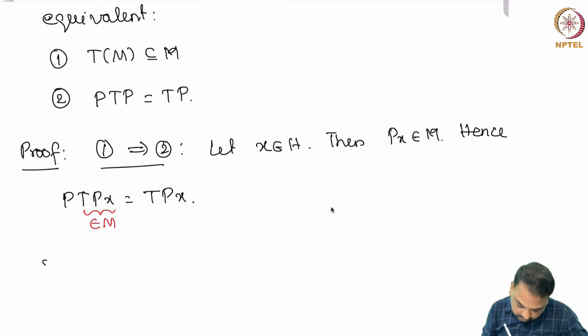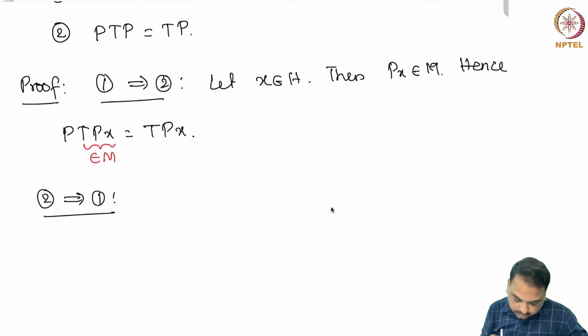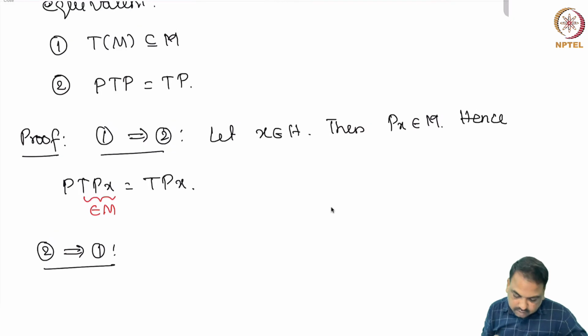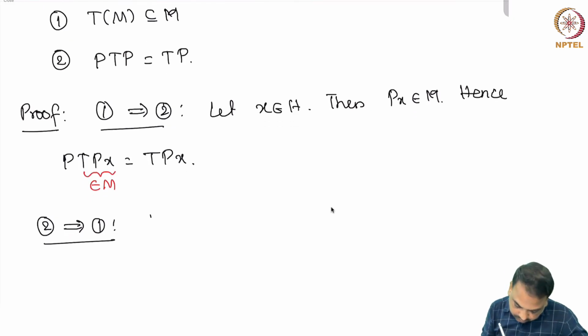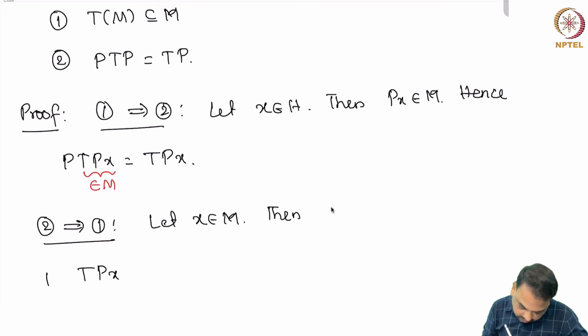On the other hand, let us look at the proof of 2 implies 1. So assume that PTP equals TP. Let us take X in M. Then we want to show that TX is in M. Look at TPX. That is nothing but TX.